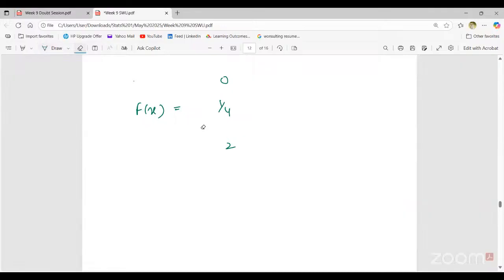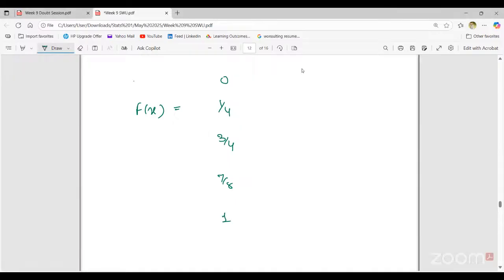Ma'am, I knew that 7 by 8 is the expected value when there is a long number of rolls. Ma'am, when I was watching the lecture, it said the fraction does not represent the expected outcome of a rolling dice.